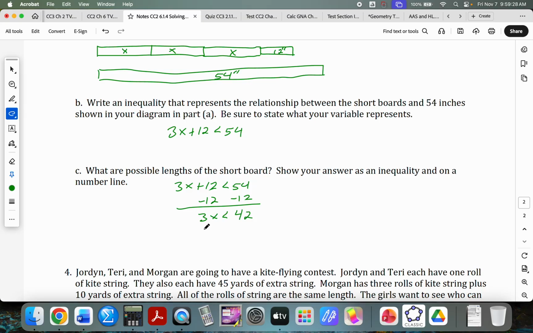And then if we want to find out about each individual board, we don't want 3 boards, we just want 1, right? So I'm going to divide that by 3 on both sides. 3 goes into 42 14 times.